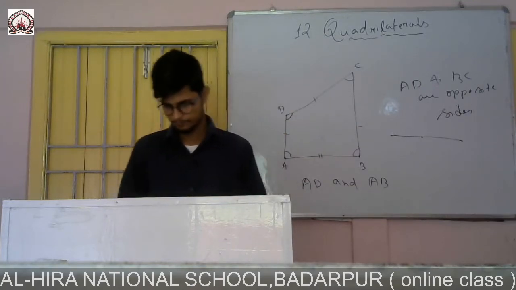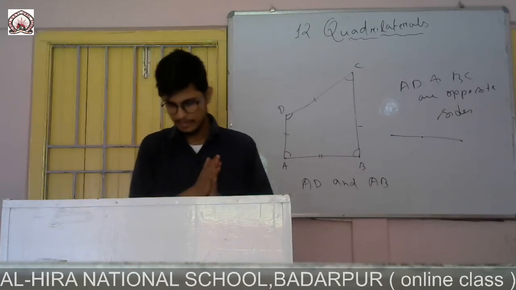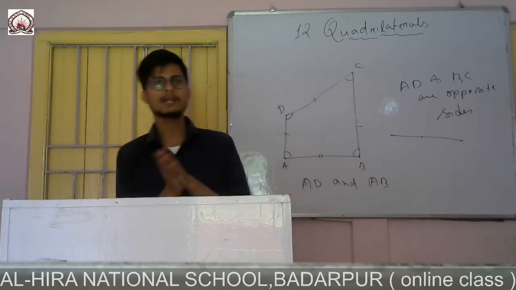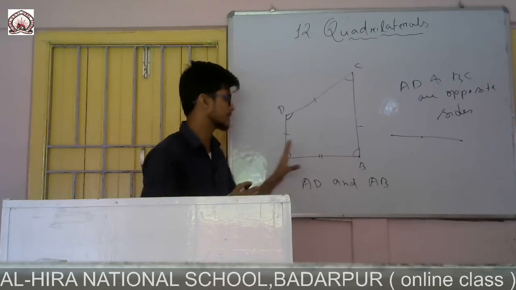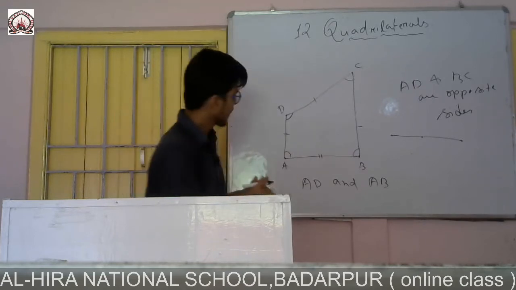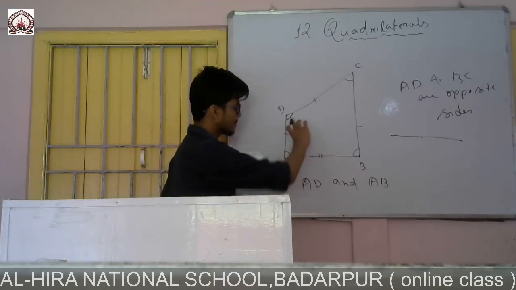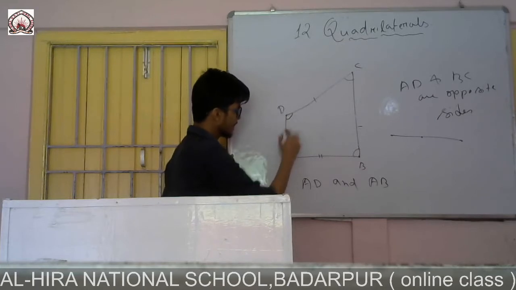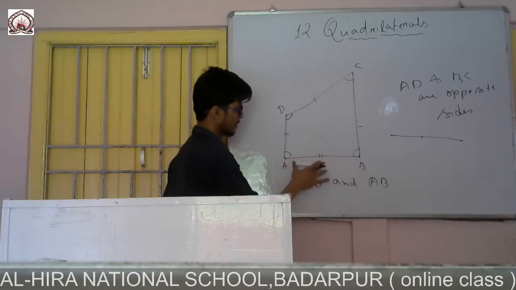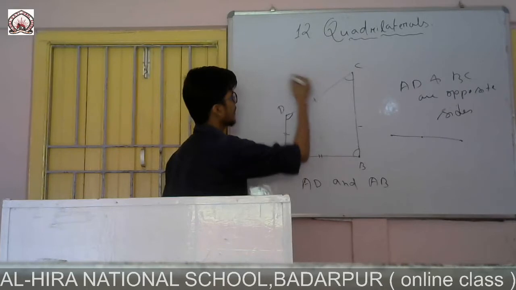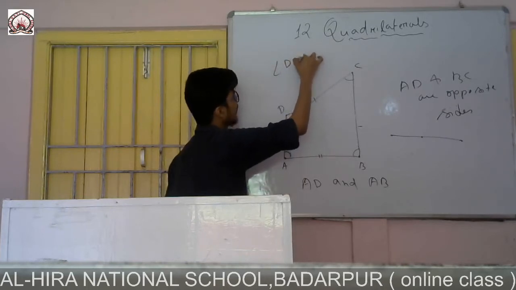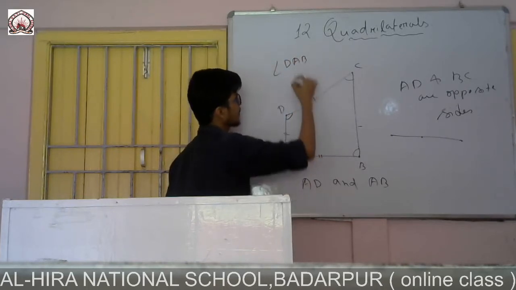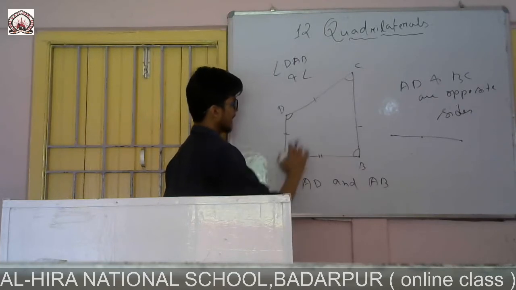Okay, now adjacent angles. A side of the quadrilateral is common. When will we say that angles are adjacent? For example, this one, angle DAB, and this one, angle ADC.